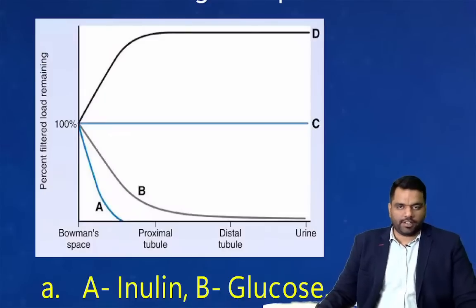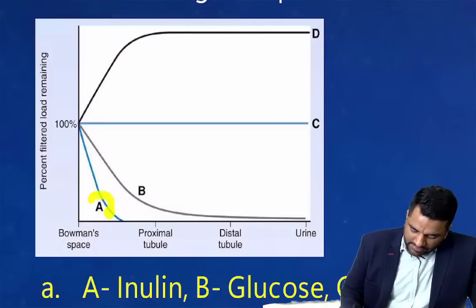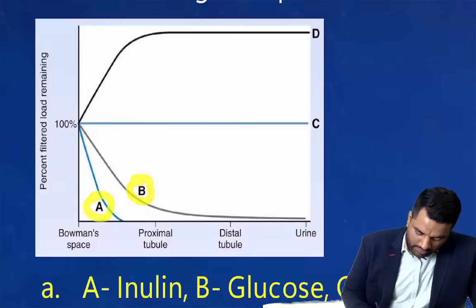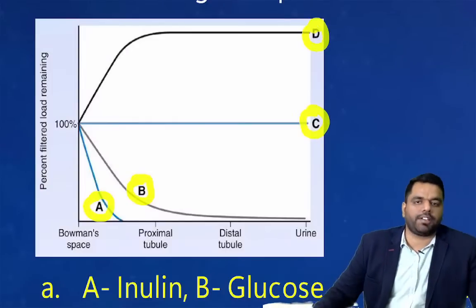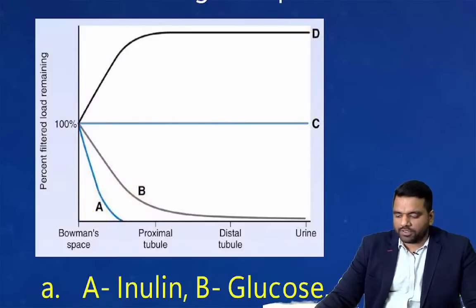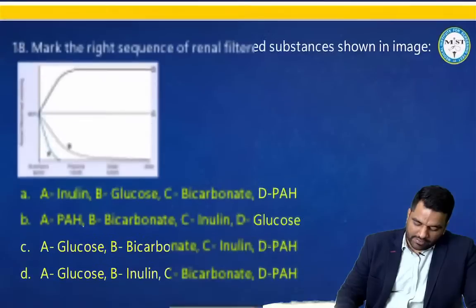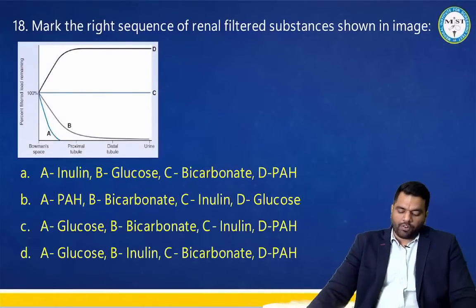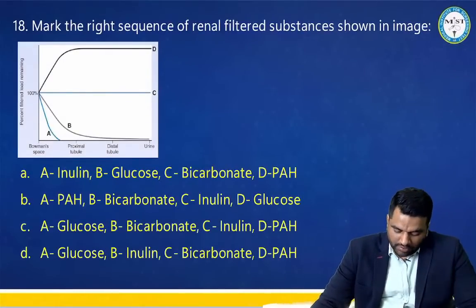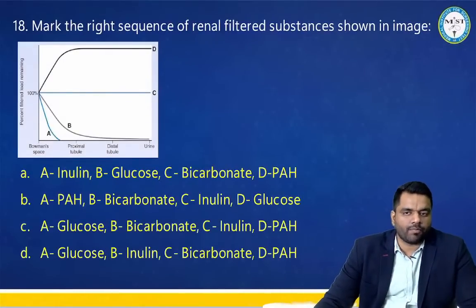So one substance, this is another, this one is third, and this one. So 4 substances are there. Please identify the right sequence for these given renal filtered substances.